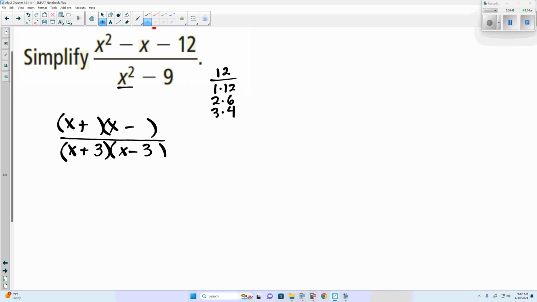Well, if we want something to simplify, we're going to use 3 and 4. But incidentally, 3 is going to be positive, the 4 is going to be negative. And if we check this, our 3x times negative 4 would be negative 4x. Positive 3 times x would be positive 3x, giving us negative x.